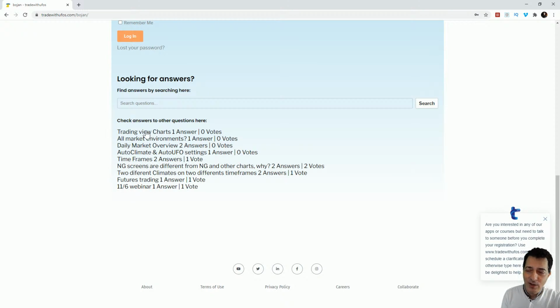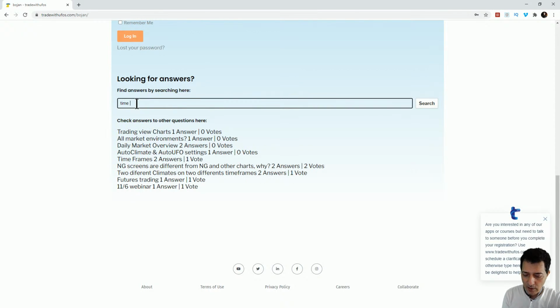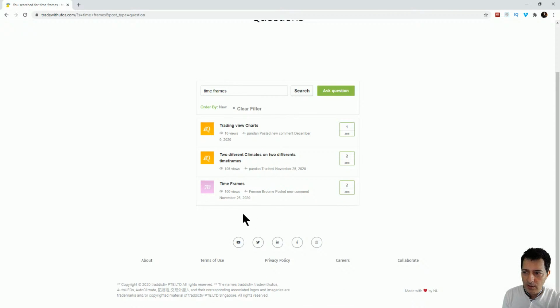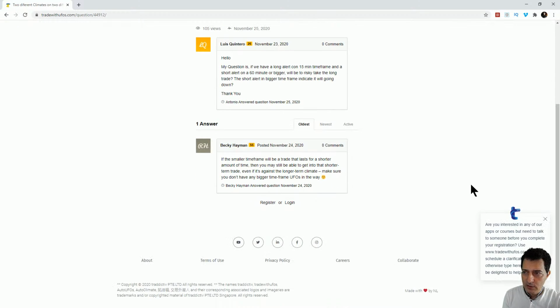So you can go ahead in here and type them so we can give you answers, or search for them. Let's say you have a question about time frames, or whatever, so you can just type here in the search box, and when you click search, you will be given some of the questions that talk about timeframes, and you can go ahead and get to see the answers, which is normally very, very useful as well, because you learn from others, which kind of accelerates your learning. So I just wanted to point at that.